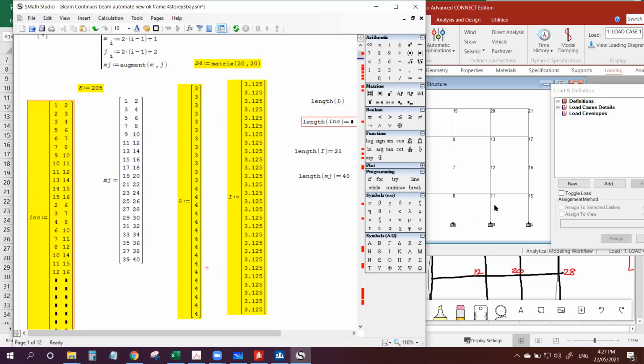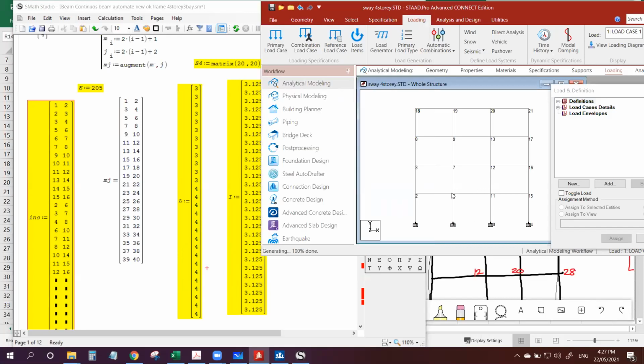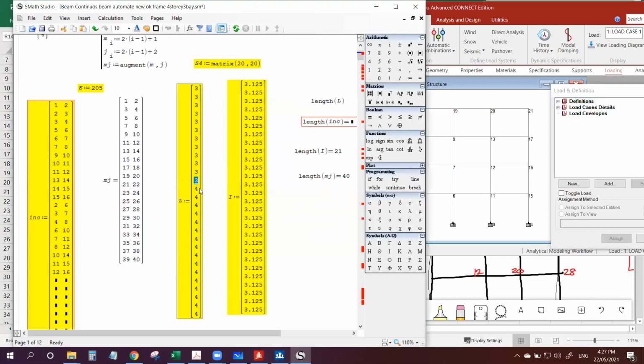Okay. Then we have additional columns. 1, 2, 3, 4. So I'll make this 1, 2, 3, 4.